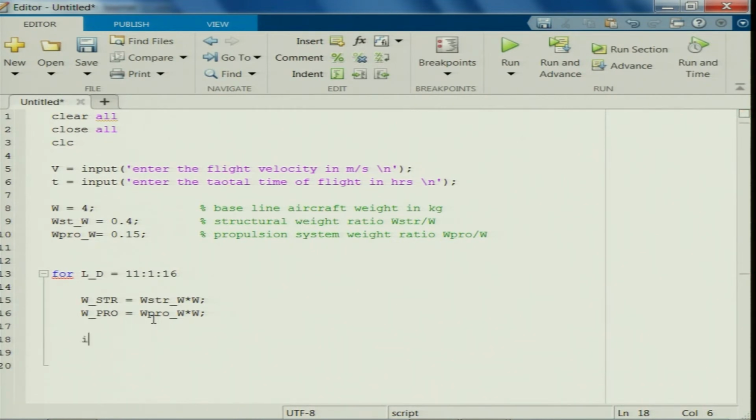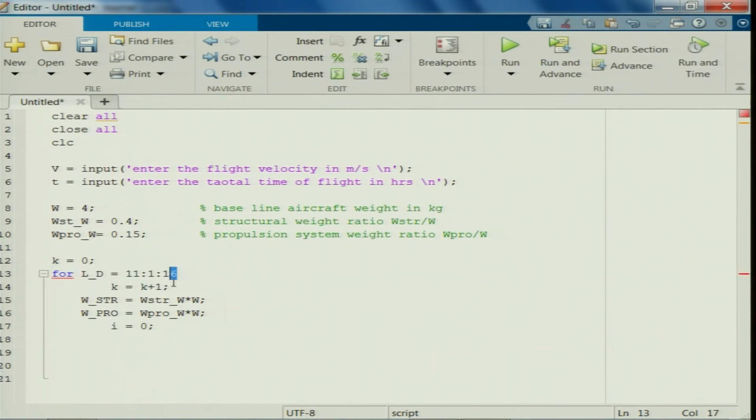Then I would like to use some variables for the iterations, just to know as well as save the data. So, let us say k is equal to 0 here. k is equal to k plus 1 here.